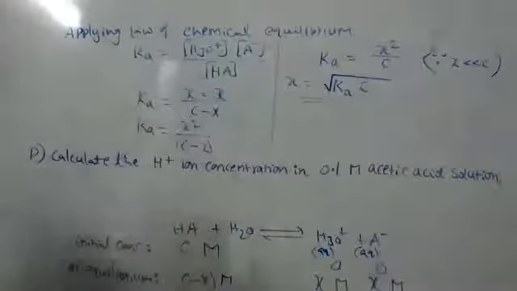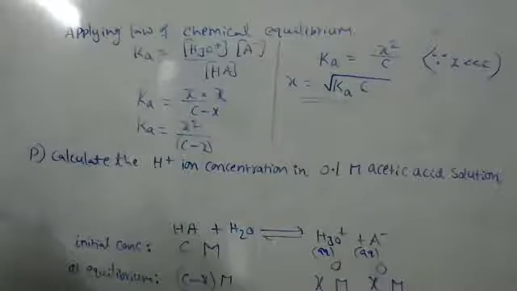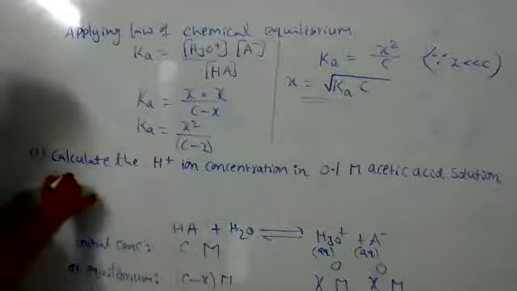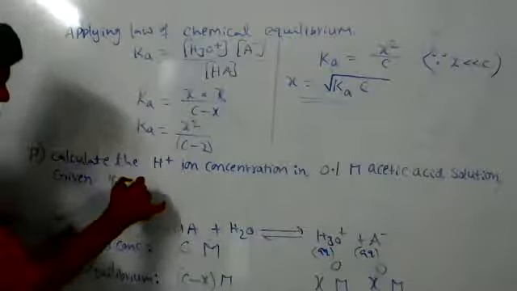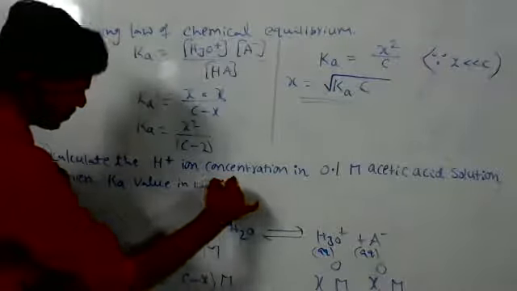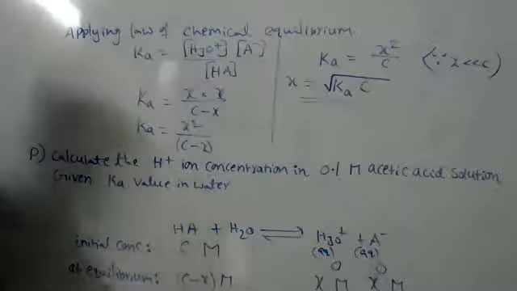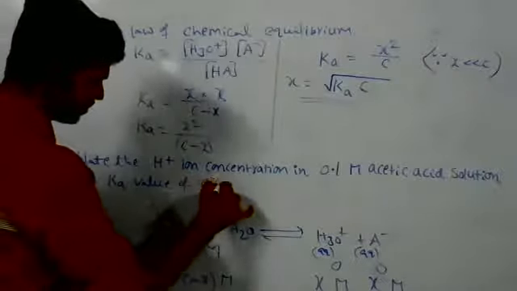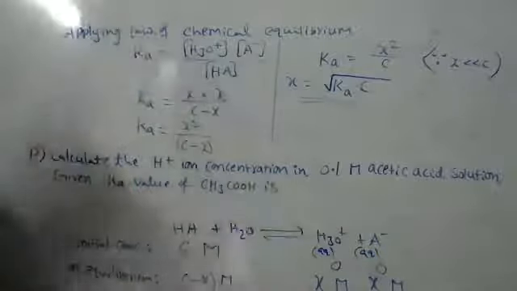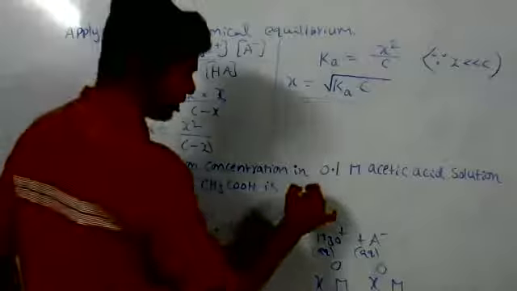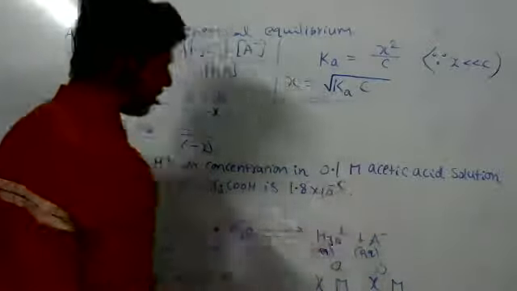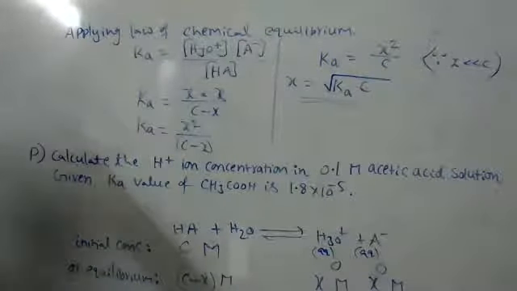Acetic acid solution. Given that the dissociation constant of acetic acid in water is 1.8 × 10⁻⁵, we have the Ka value and the initial concentration, then calculate the H⁺ concentration.